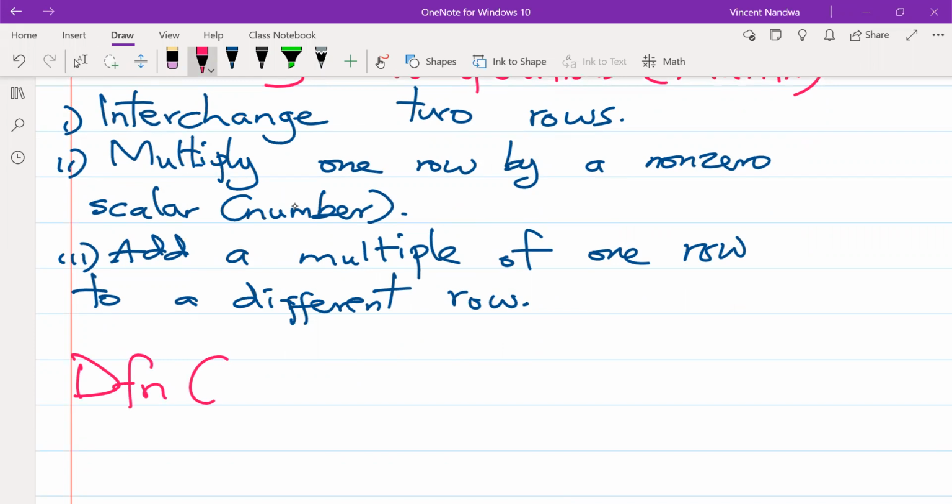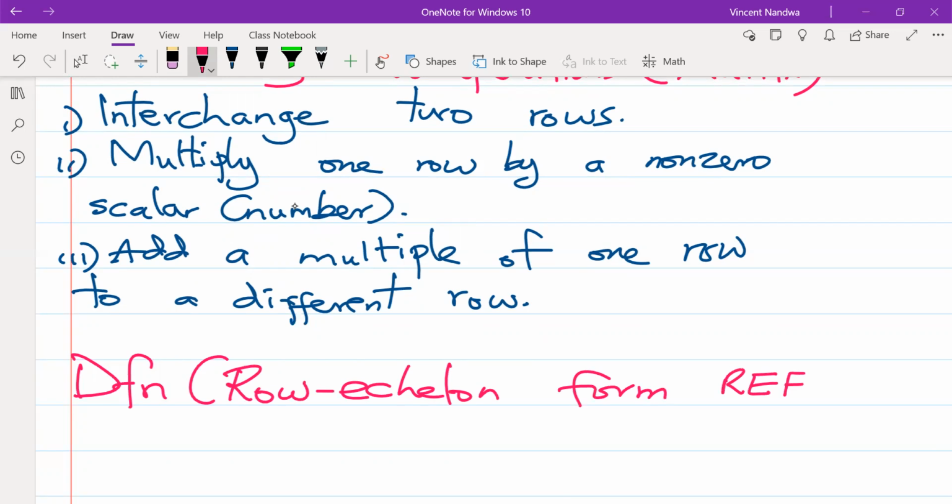So we want to define what we call row echelon form or row echelon matrix, and reduced row echelon form or reduced row echelon matrix. Row echelon form or row echelon matrix.